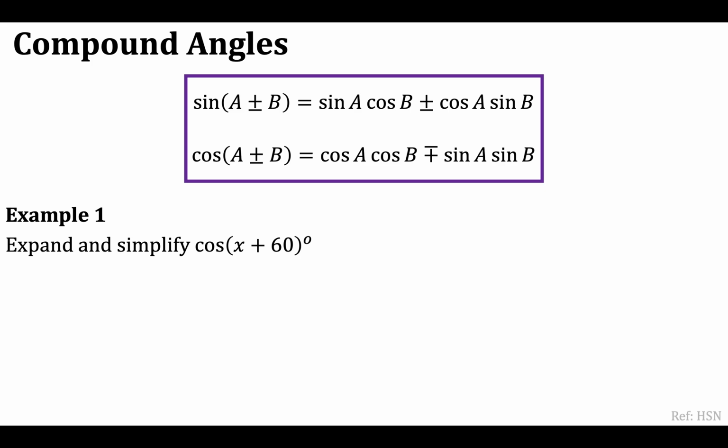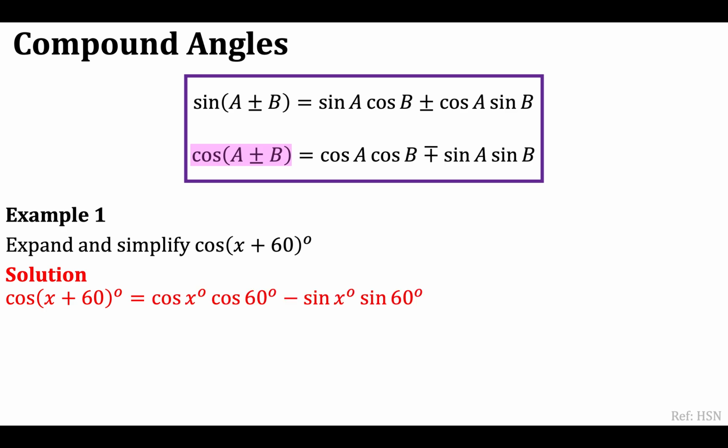We want to expand and simplify cos of x plus 60. So that is equal to cos of x times cos of 60 minus sine of x times sine of 60. Okay, so you can see that we're getting this expansion here from here, and we're using the plus here inside the bracket, so that means when we expand we're using the minus.